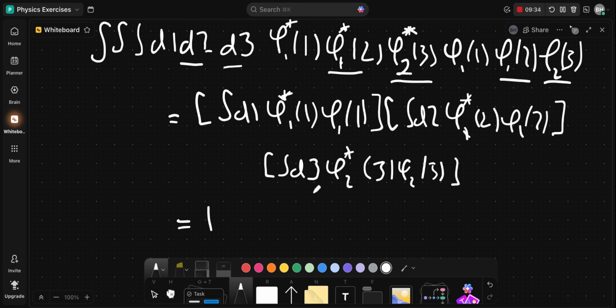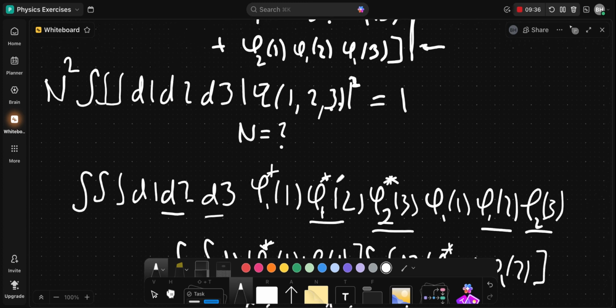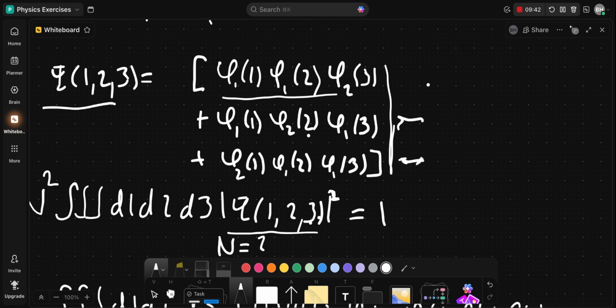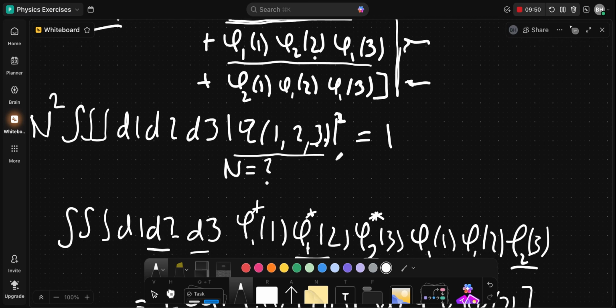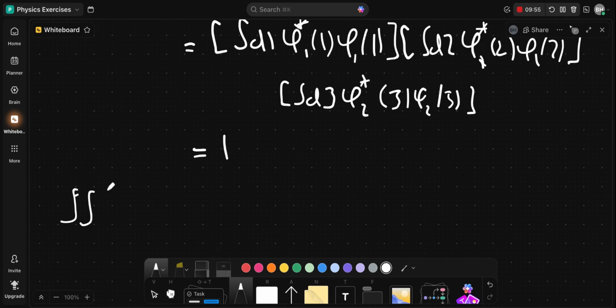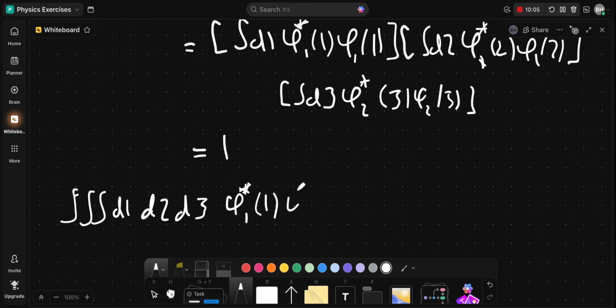So you get a 1. Okay, now what else can happen? When you square this wave function in order to substitute in here, you also get cross terms. For example, you would get this term multiplied by this term. Let's see what happens in that case. So you have triple integral d1, d2, d3, phi 1,1 star, phi 1 with the second particle in state 2, and that's also a star.